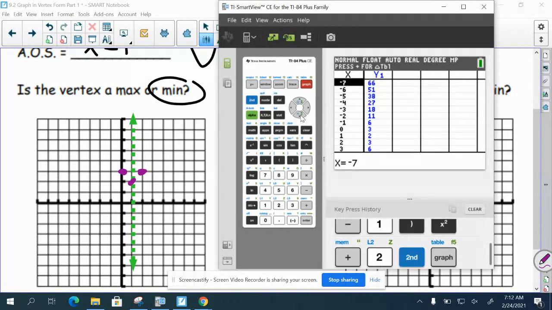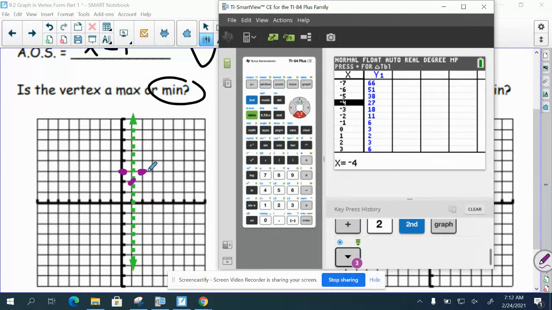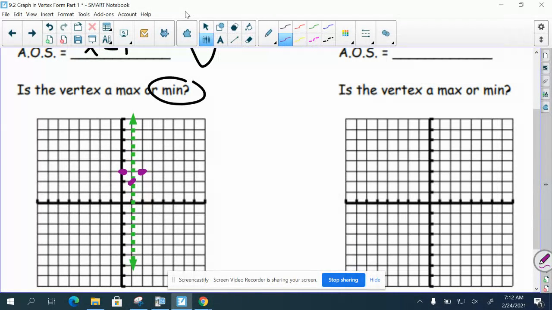Look at the table. So what would it be 1 unit over? So at -1 and 3, you're at 6. So I can also graph (-1, 6) and (3, 6), the mirror point. Okay, that just gives me a better picture of the graph.